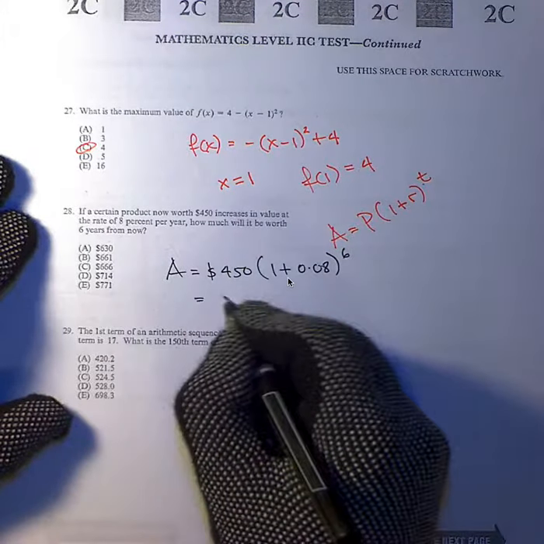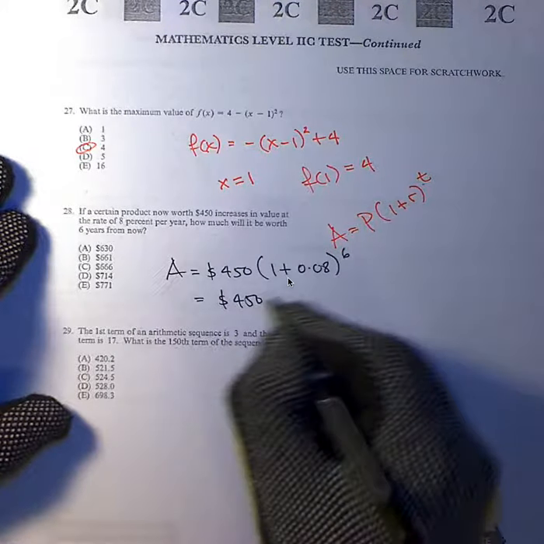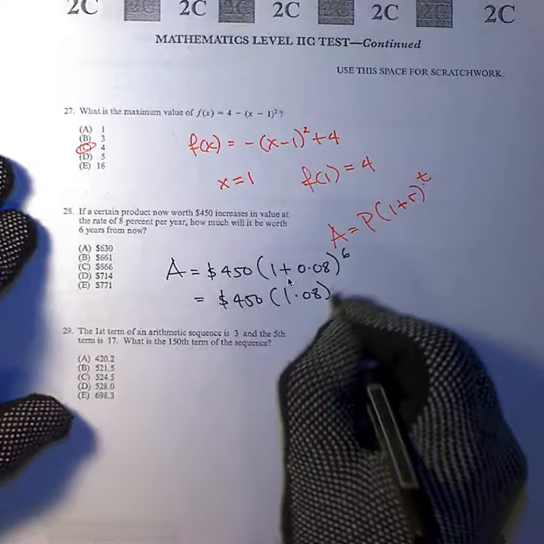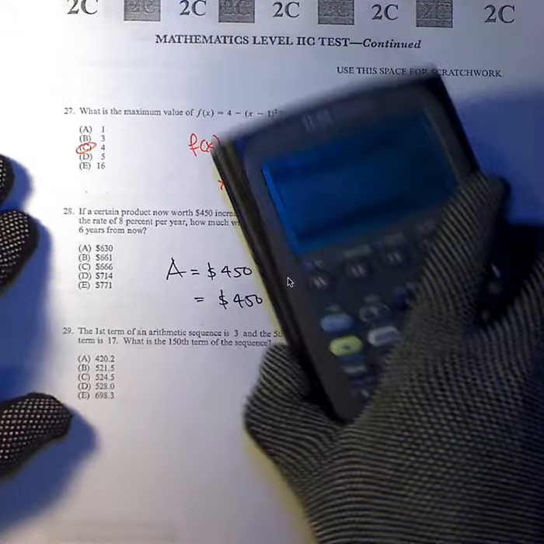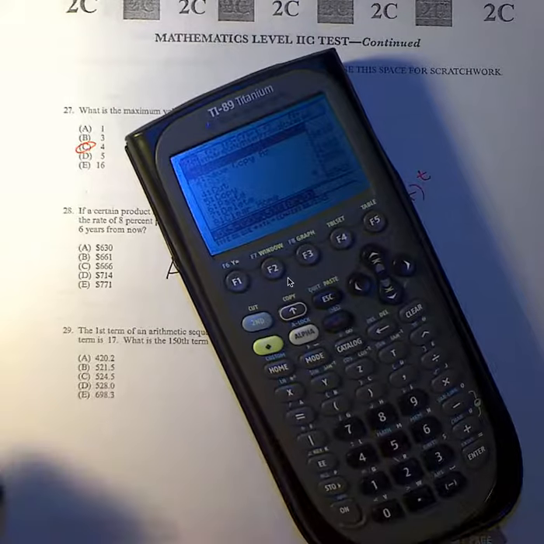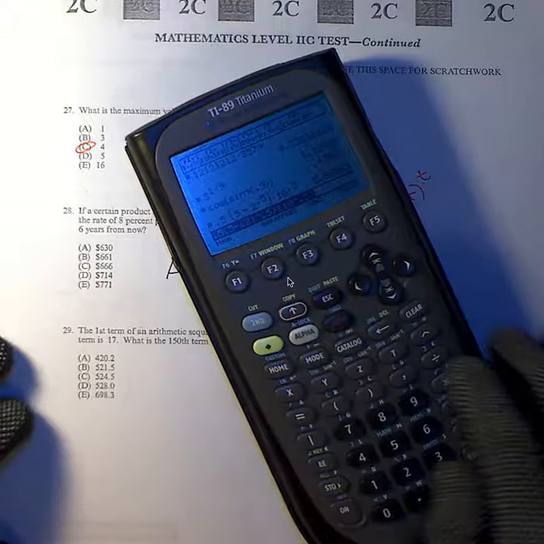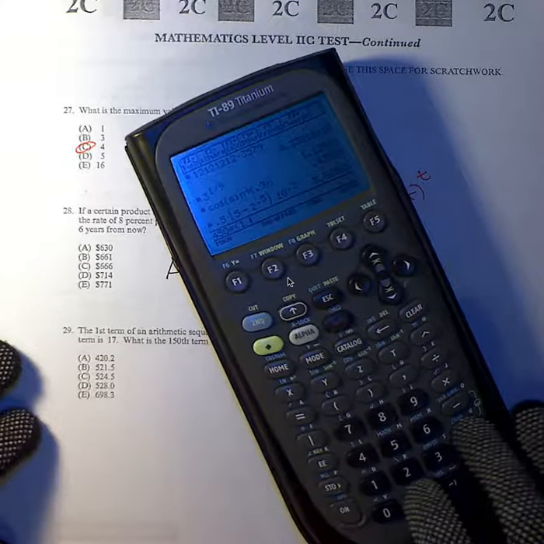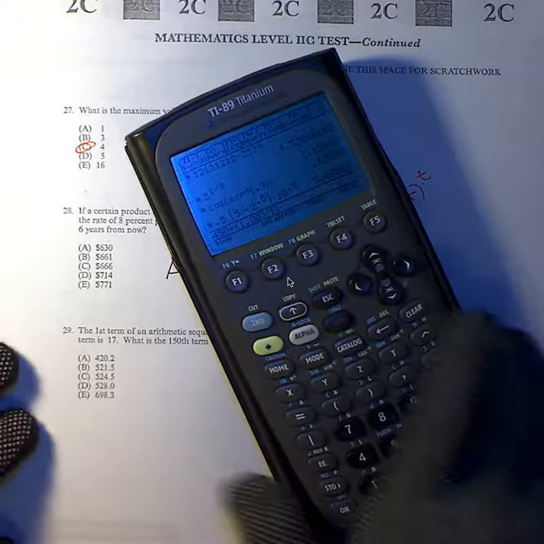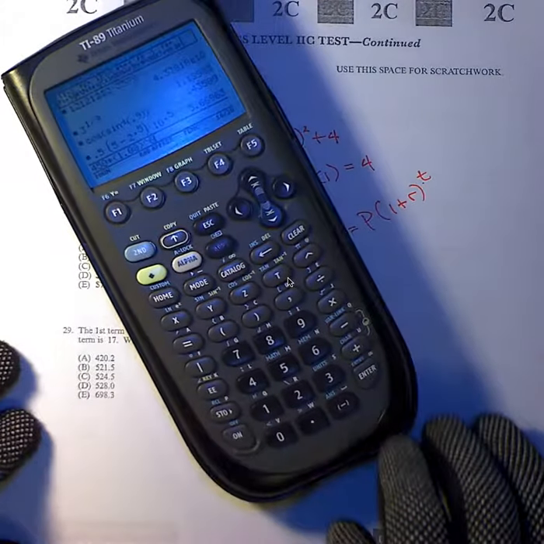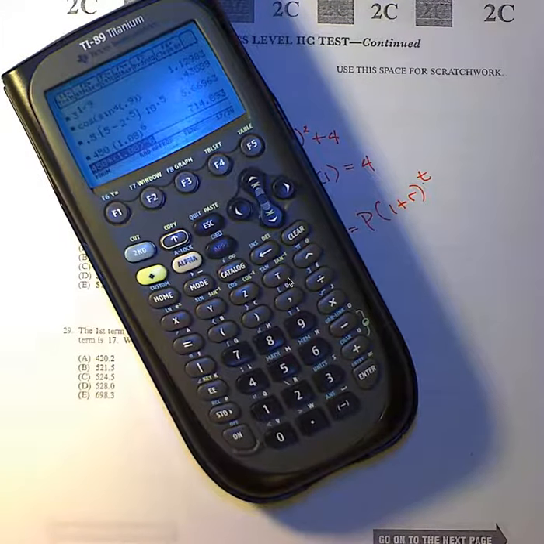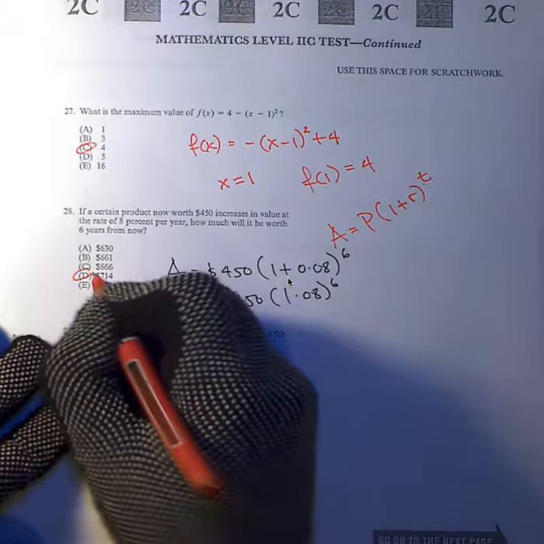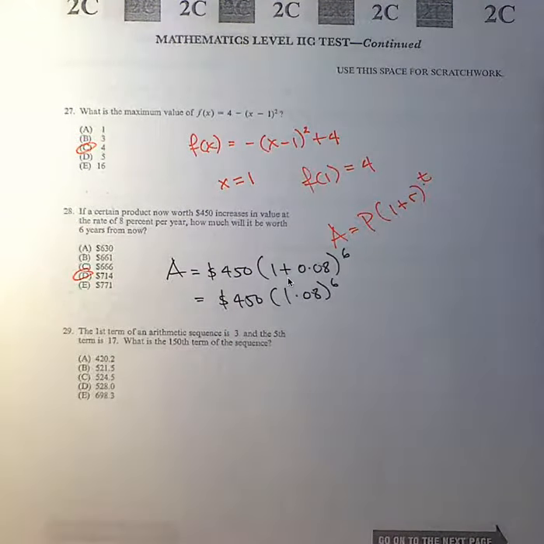So that says 450 times 1.08 to the 6th power, and here's where the calculator comes in. 450 times 1.08 to the 6th power is 714 and change, and so the best answer is 714. I dropped my black pen. So all right, there it is.